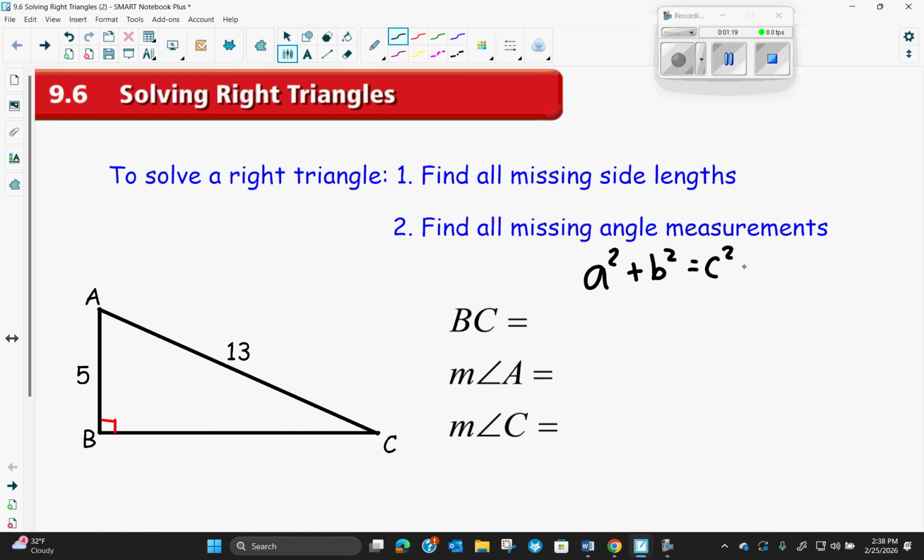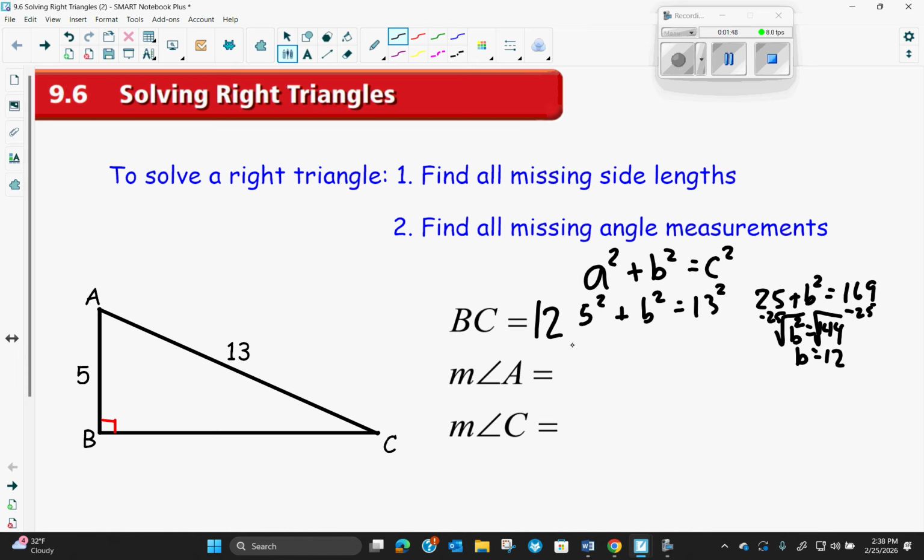So this is going to be 5 squared plus b squared equals 13 squared, or 25 plus b squared equals 169. Subtract 25 from both sides. B squared equals 144. Take the square root of both sides. B is 12. So BC in this case is 12.